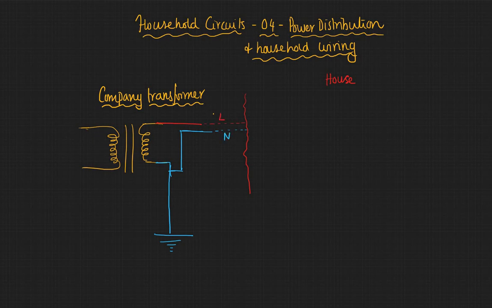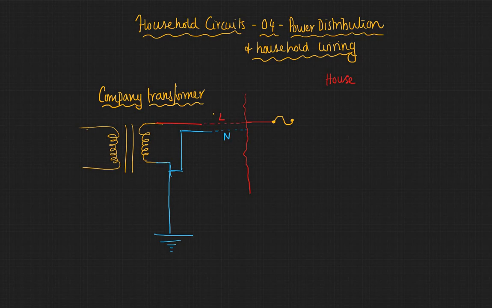Now let's look at live first. So the live wire is coming inside the house. And the very first thing that they do is they put a company fuse. This is to ensure that you don't draw too much current through these lines and destroy them. If you draw too much current, there will be a problem for these lines, so it's to protect that.